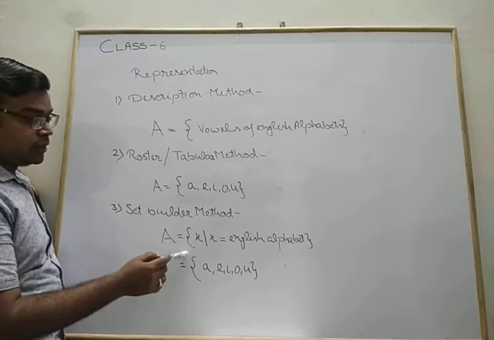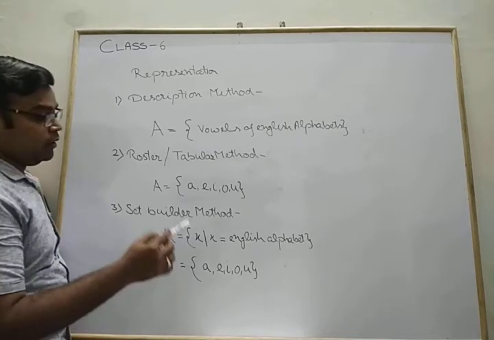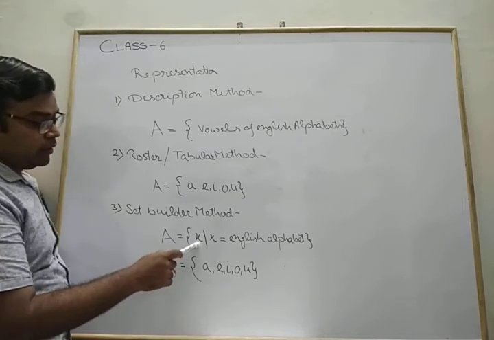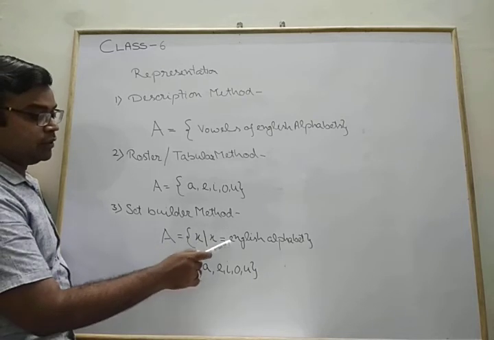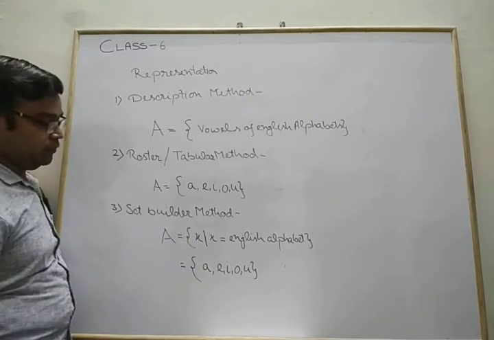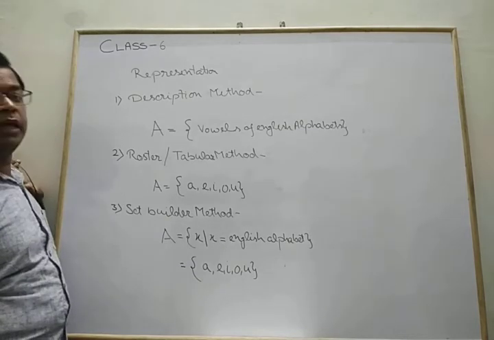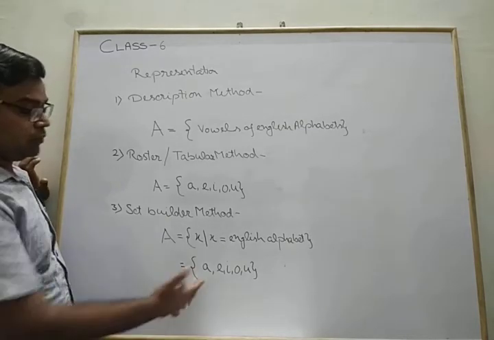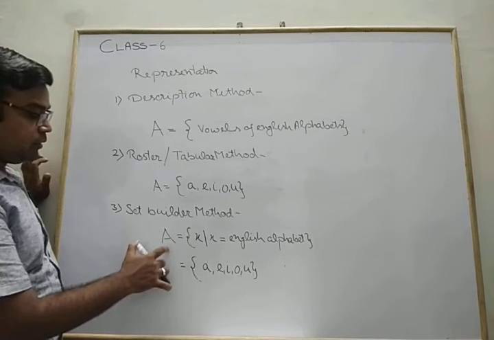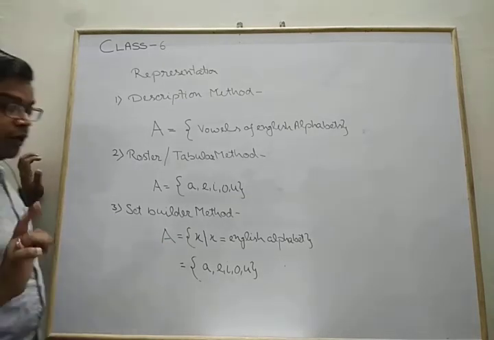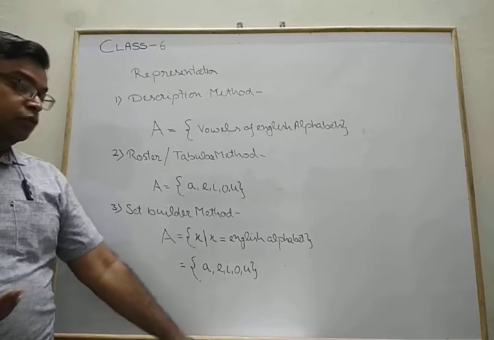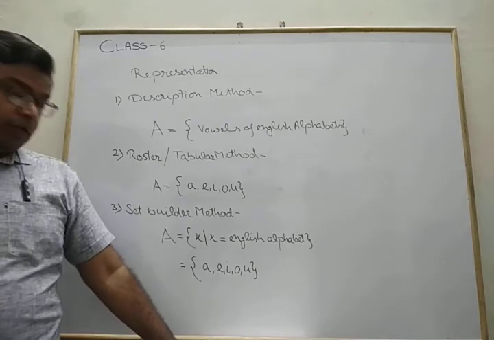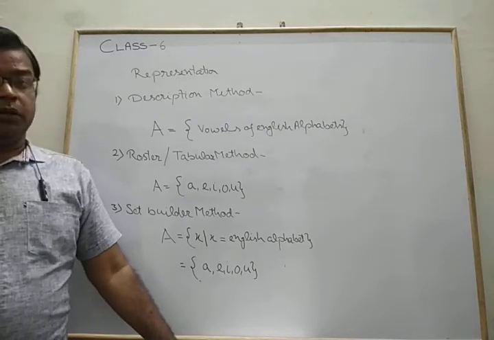We have a variable x which satisfies the condition x equals to English alphabet. Then only we are able to find out the members. This is the set builder form. Now I am going to discuss some conditions based on roster form or tabular form, and then we move to the set builder form.